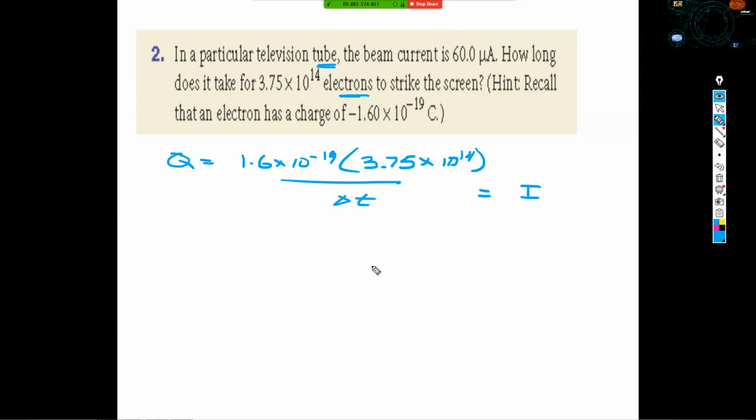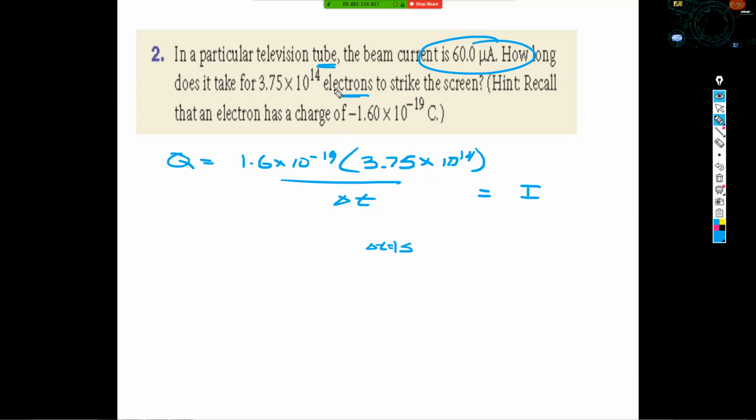Okay? And your current would be 6 times 10 to the minus sixth. And you should get about 1 second. So again, there was your current, it would just be 60 times 10 to the minus sixth.